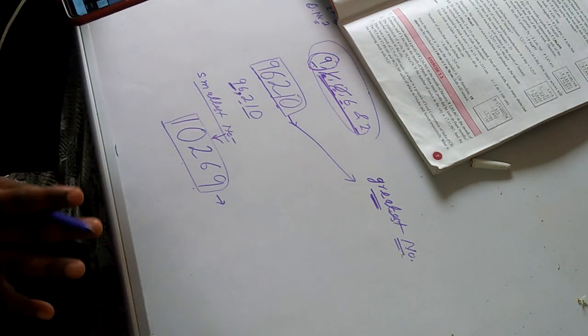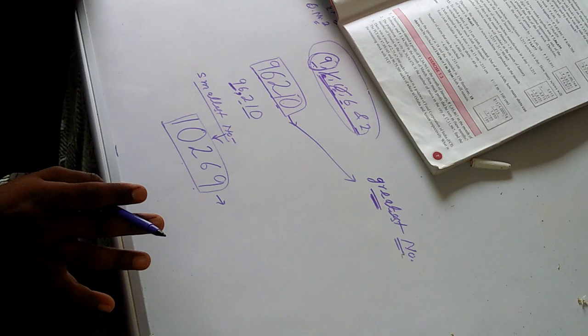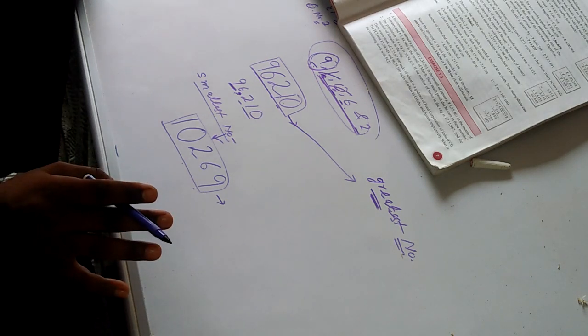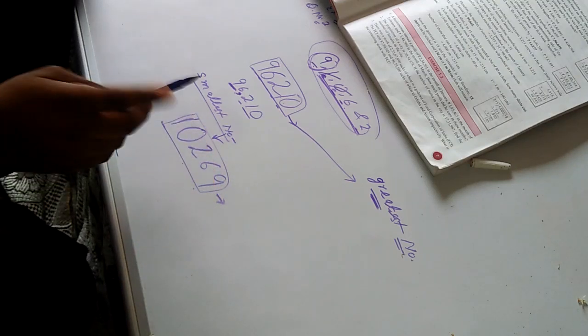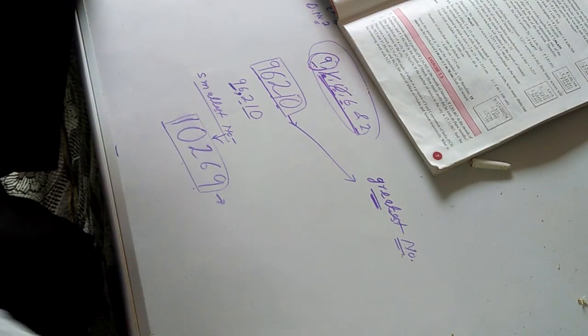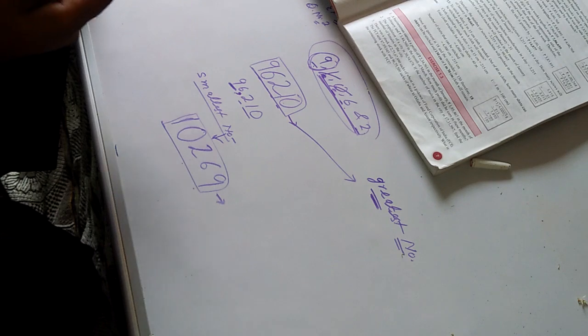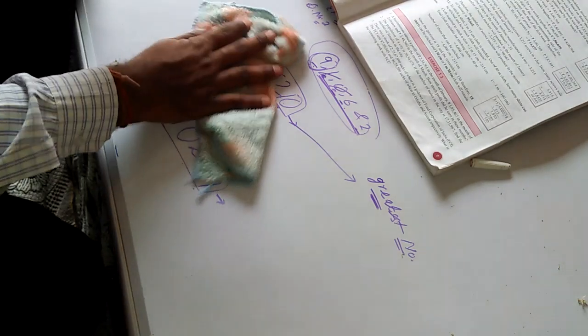Okay, is it clear? Now question number 3. For the third question, first read question number three, beta, from your book.